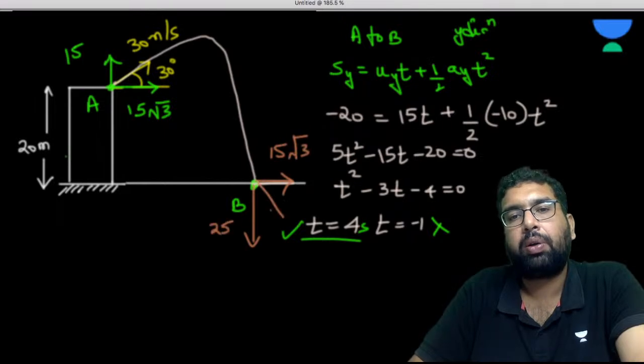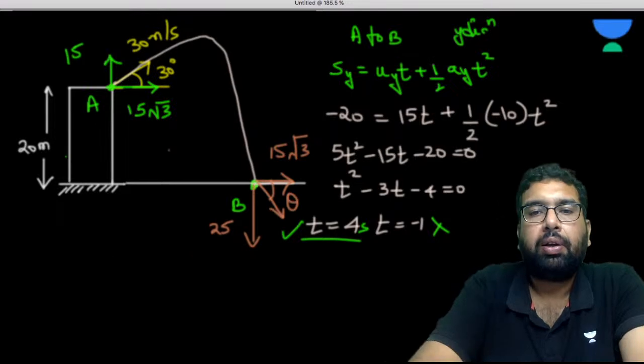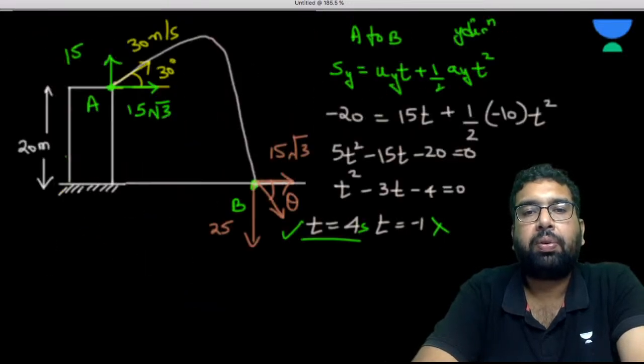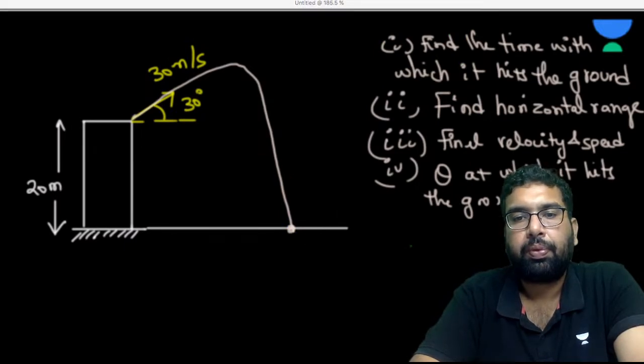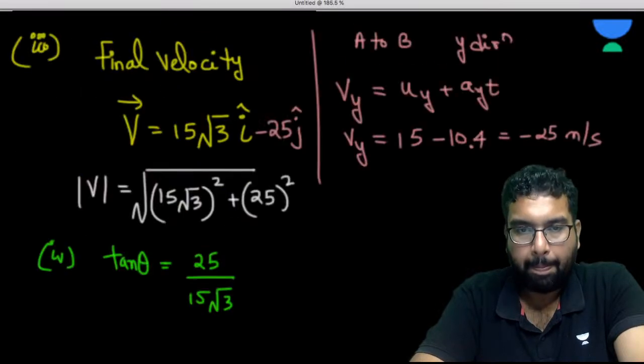So this is going to be your theta, 25 by 15 root 3. Is it fine? Please tell me yes or no. Understood? Very easy, right?